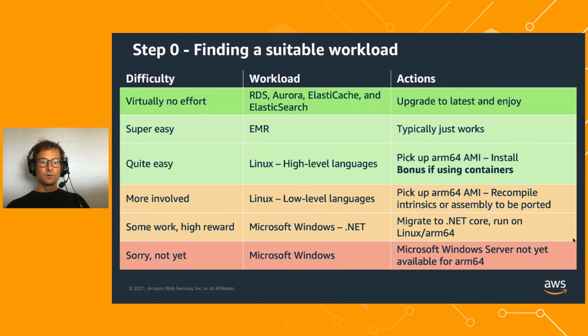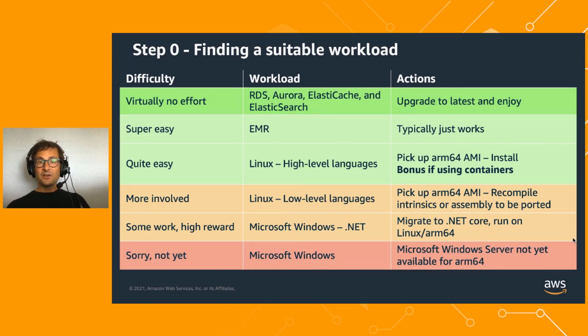Another good opportunity for a workload, slightly more involved this time, is to use an application running on top of Linux, but this time using one of the lower level languages. Things like C++, C, Go, Rust, that kind of stuff. Of course, for those ones, you will have to recompile because you need to target a different microarchitecture.